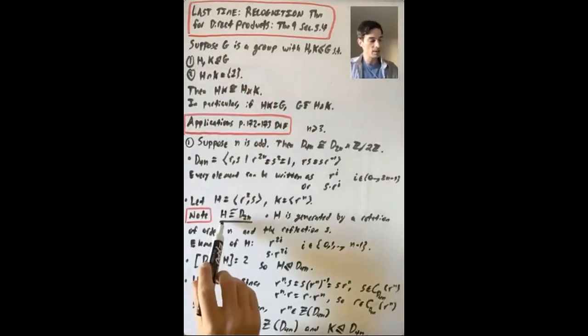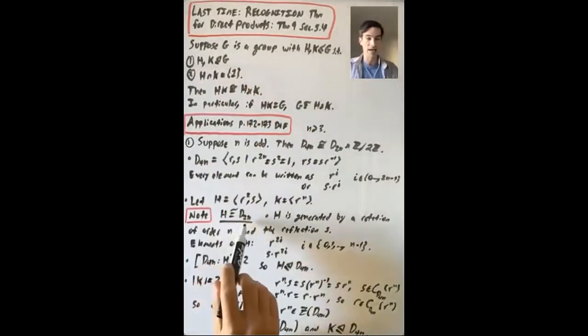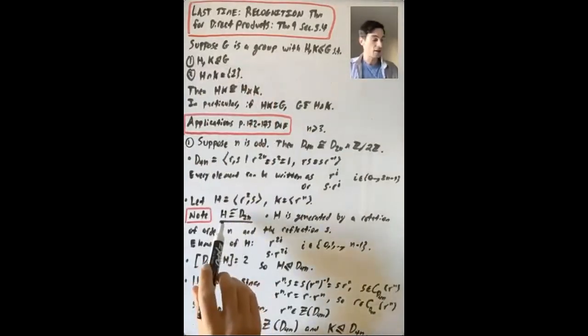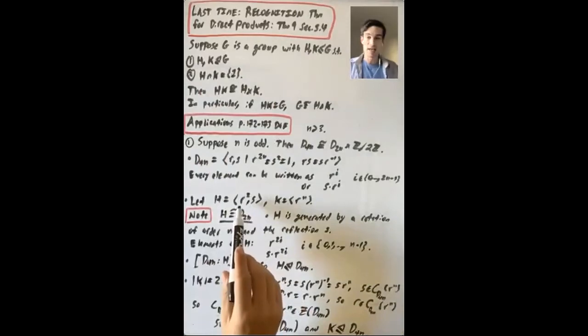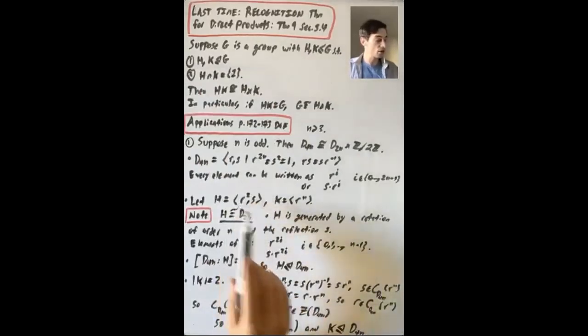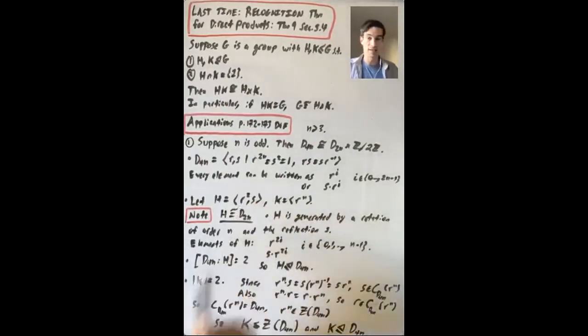Okay, so what does this subgroup H look like? I claim that it's isomorphic to D2n. Why is that? Well, think about what H is. It's generated by a rotation. This rotation now, R squared, has order n instead of order 2n. And the same reflection S. So what do the elements of H look like? I'm going to write down 2n elements of H, and you can convince yourself that there really aren't any others.